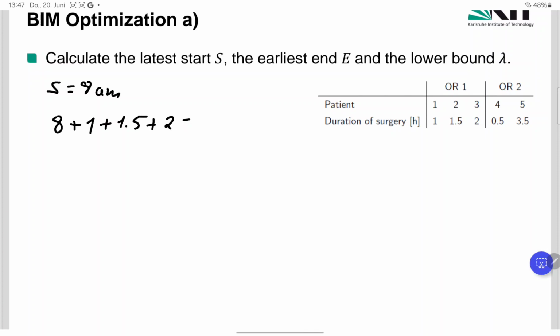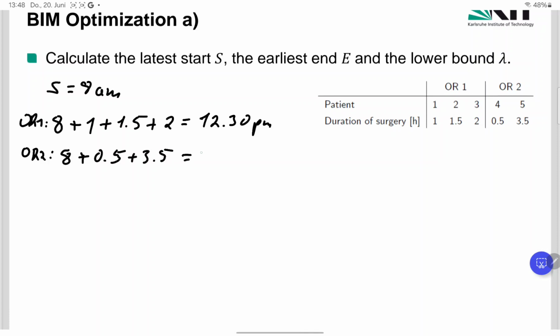That means we will finish these patients at 12:30 p.m. So this is operating room 1, and in operating room 2 we start again at 8, plus half an hour for the 4th patient, plus 3.5 hours for the 5th patient.